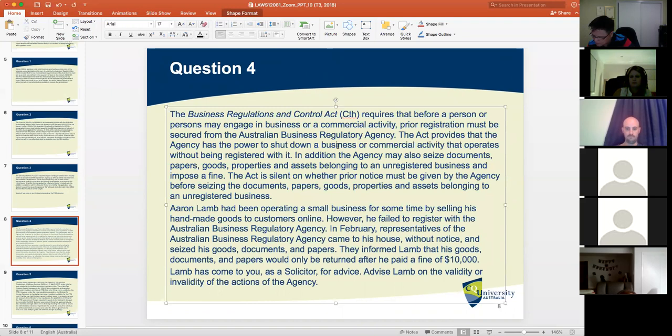Aaron Lamb has been operating a small business for some time by selling his handmade goods to customers online. However, he failed to register with the Australian Business Regulatory Agency, and in February, representatives of the ABRA came to his house without notice and seized his goods, documents and papers. They informed Lamb that his goods, documents and papers would only be returned after he paid a fine of $10,000.